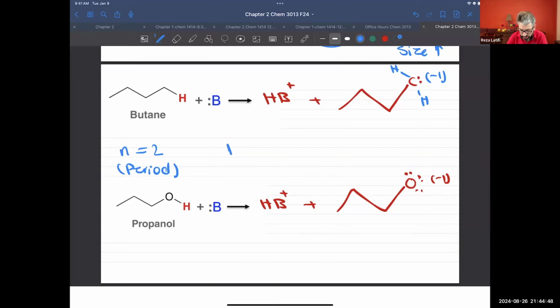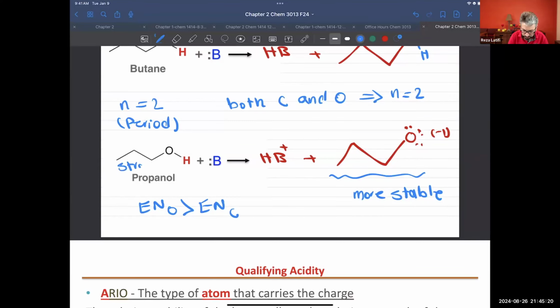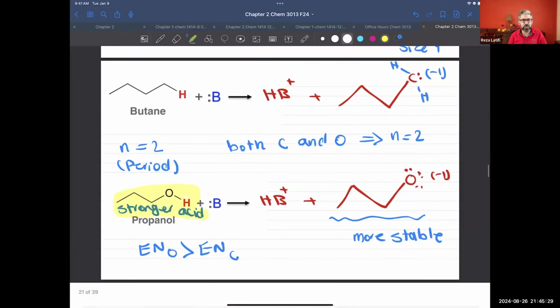So both carbon and oxygen belong to N equal to 2, the second period. In this case, if you're dealing with elements that belong to the same period, go with electronegativity. The one that has higher electronegativity is more stable. Oxygen has higher electronegativity than carbon. That means this one is more stable, which means stronger acid. So I figured that this one is going to be a stronger acid than butane.